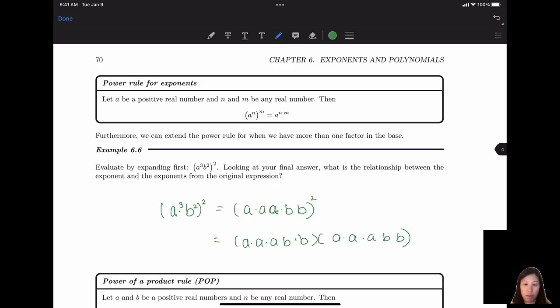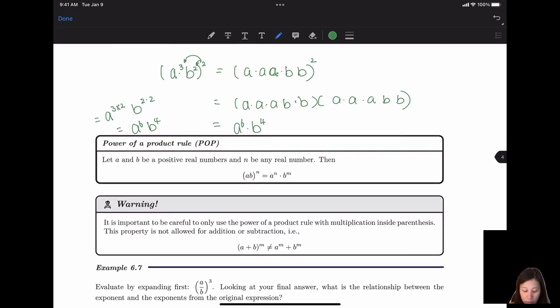By the commutative property, you can regroup them. So how many a's do I have? 6 a's. For b, we have a total of 4 b's. Basically you distribute the 2 inside the parentheses and multiply them. So this equals a to the 3 times 2 and b to the 2 times 2, which is a to the 6th power and b to the 4th power.